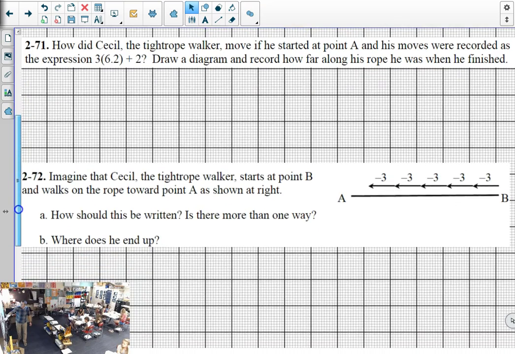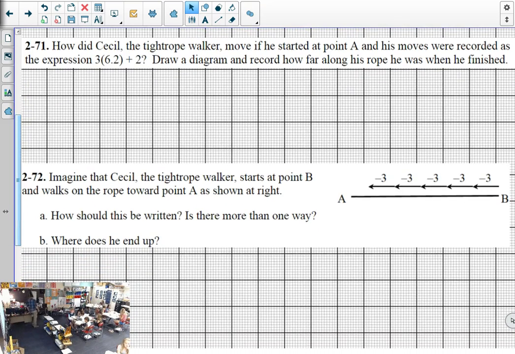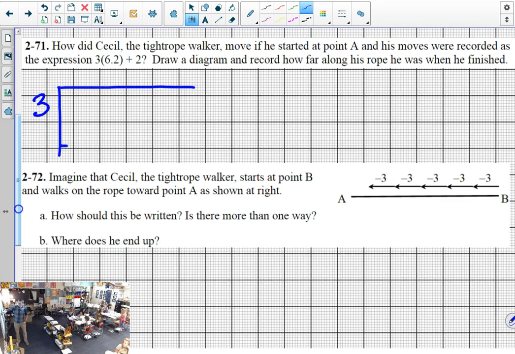We will check back in. If multiplication is tough for you, break up the number.